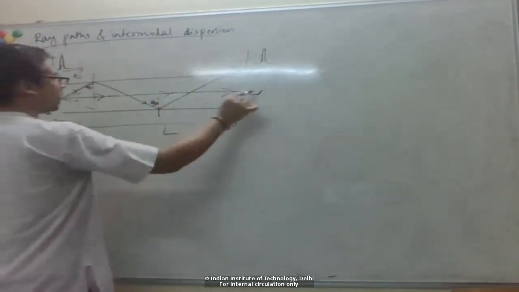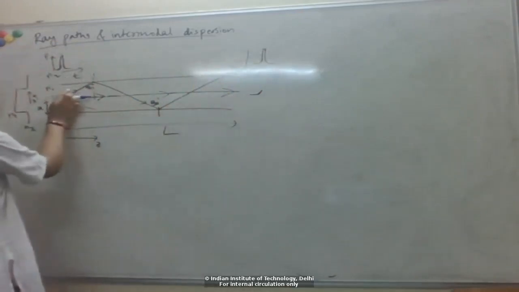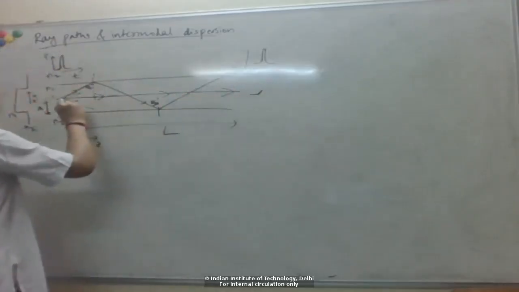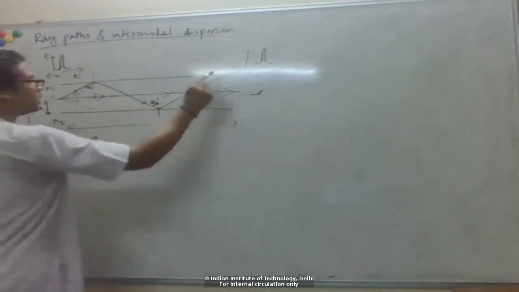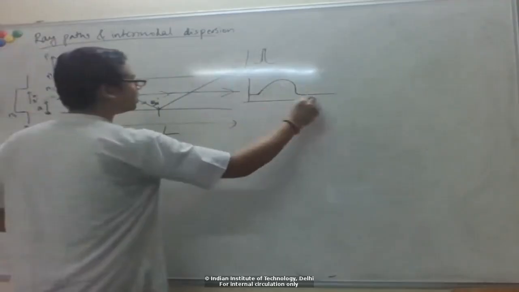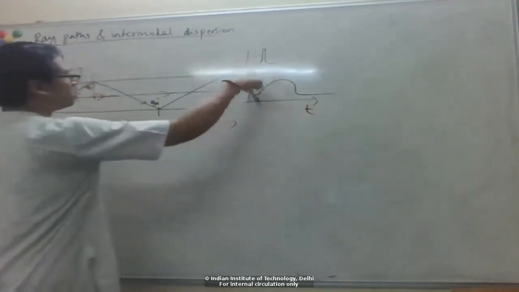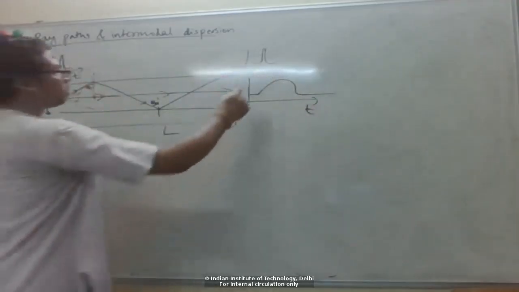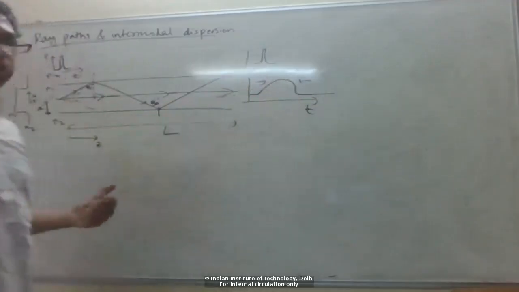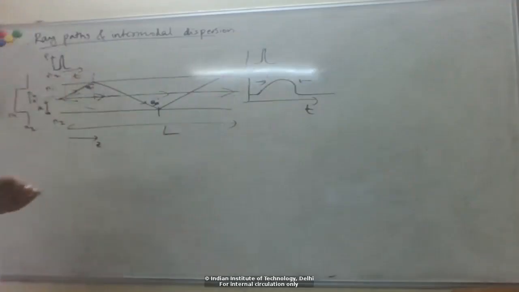But now this one arrives first, and then this ray at a slight angle arrives slightly later, and the latest arrival is this one, the extremal ray. So there's a spread compared to the input. This pulse spreads in time because the energy is distributed over different rays.